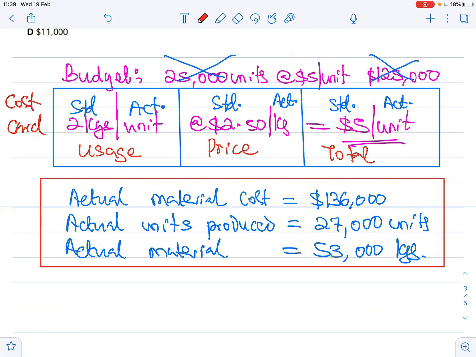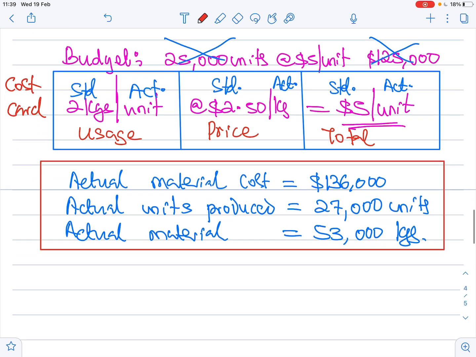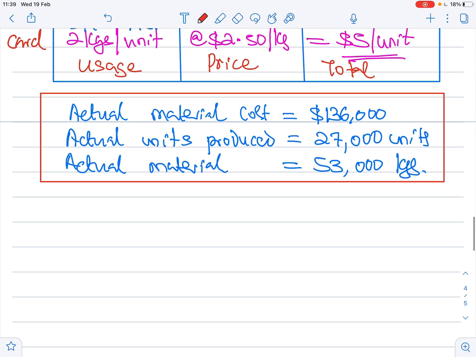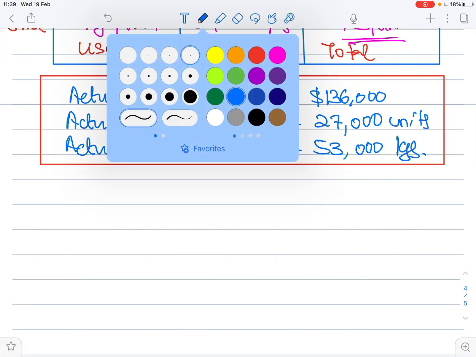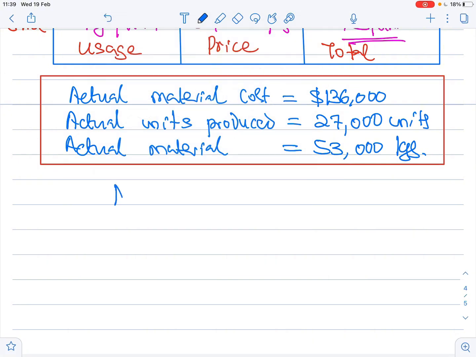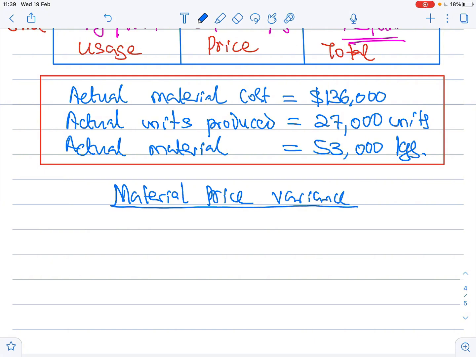So let's attend to the first one, which says material price variance. To do justice to that, you head it up first: material price variance. Then the first thing I need you to do is to write flexed.